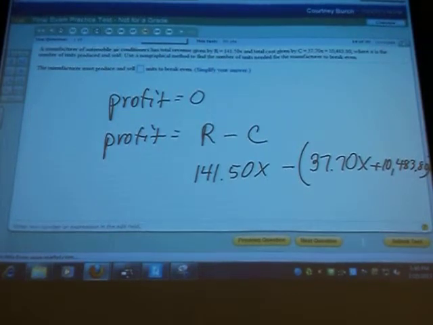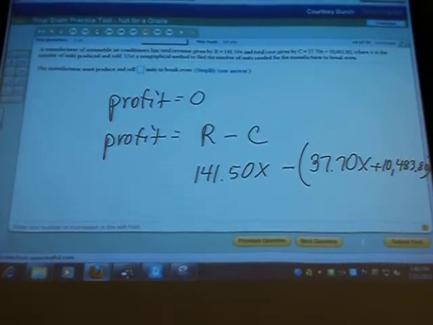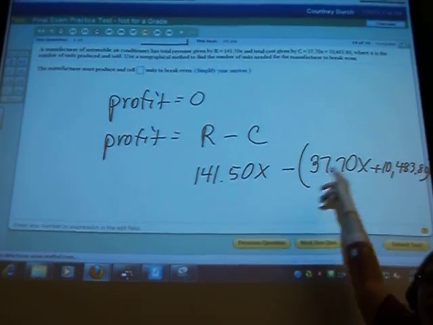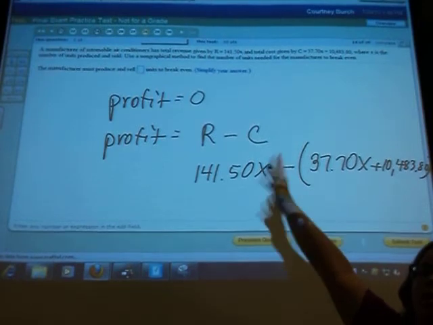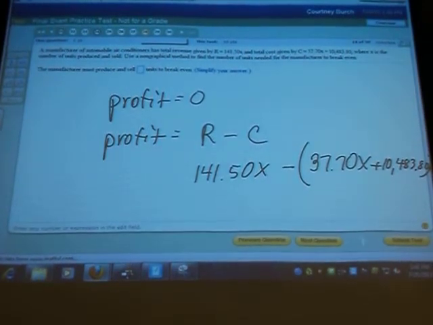You need to remember to subtract the whole cost function, not just the x terms. I would just distribute this negative, combine my x terms, and then set it equal to 0 and solve.